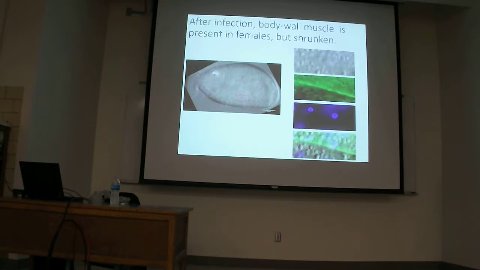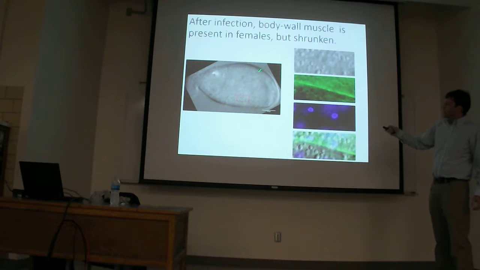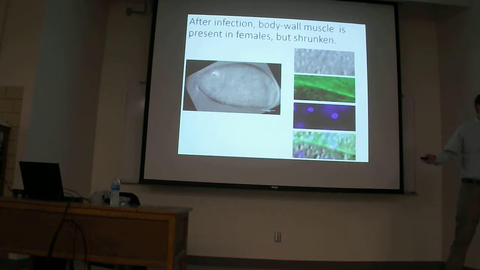When we look later in development in females, so this is an early J4 female, we can focus in. If I tried to show you the full overlay with the GFP channel as well as our DAPI channel, the GFP would be so faint. We see these tiny, faint lines, which we believe are still muscle tissue but have definitely undergone degeneration.